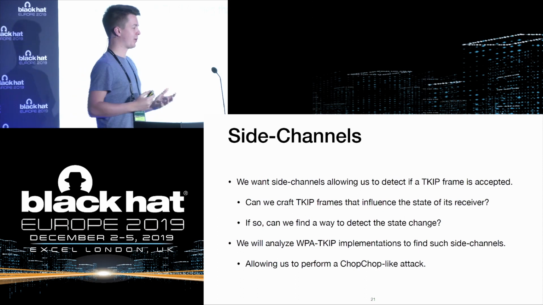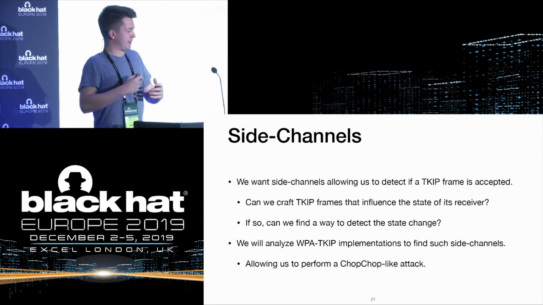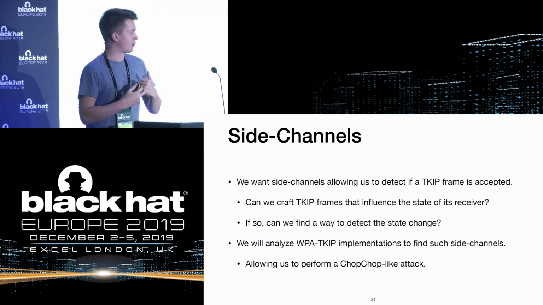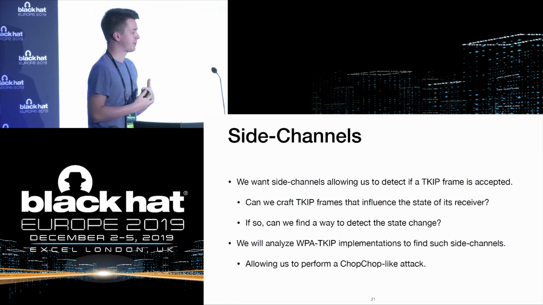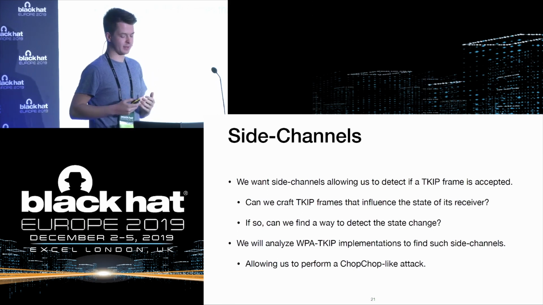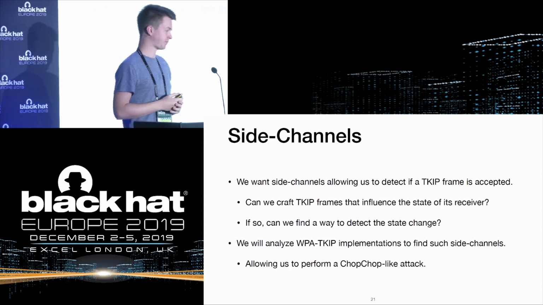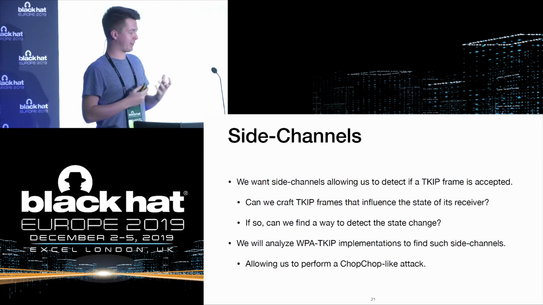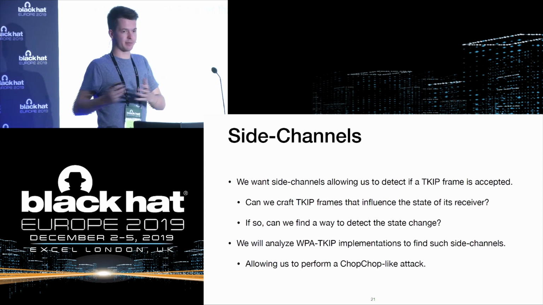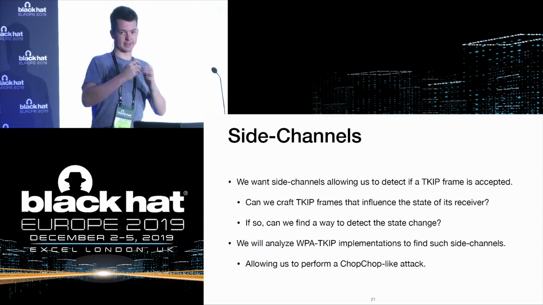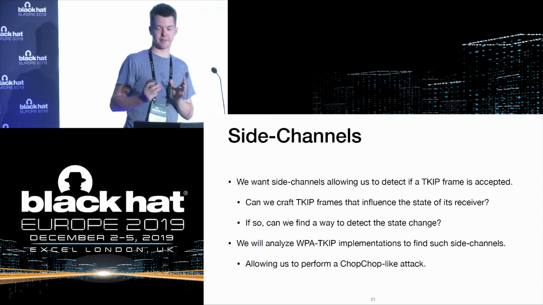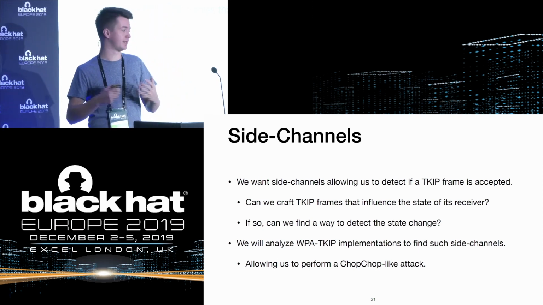So what we want to achieve is, can we find side channels that allow us to detect if a TKIP frame is accepted by the recipient? That is, if the ICV check was successful. And we want to find a way where we can craft TKIP frames such that the state of the receiver is modified in a way that we can later on detect.